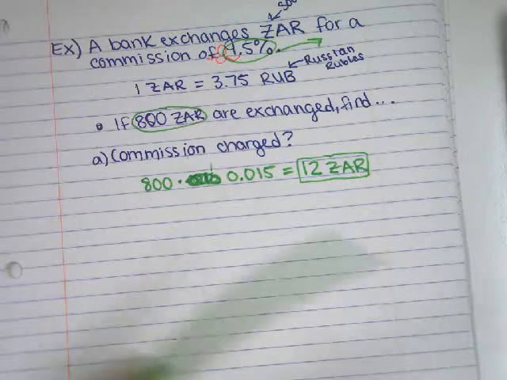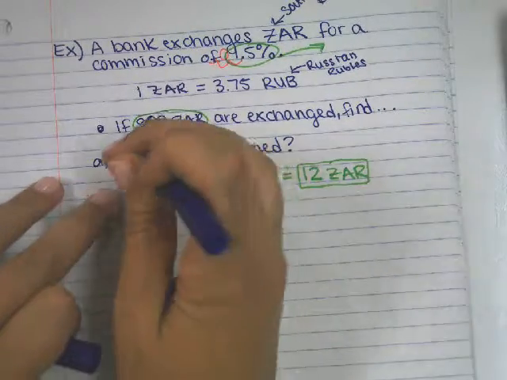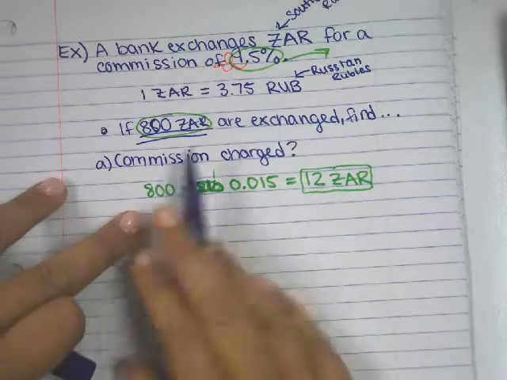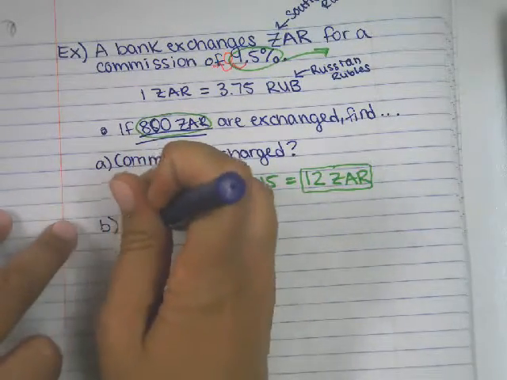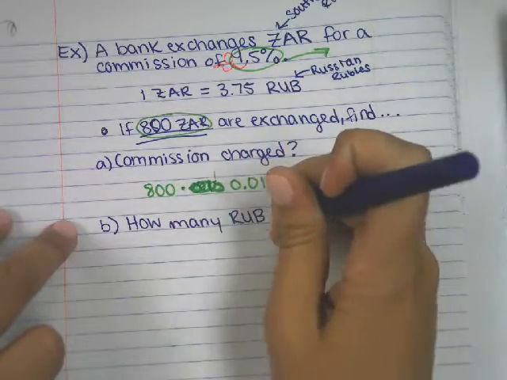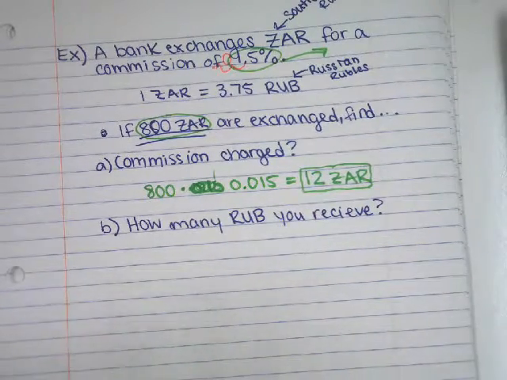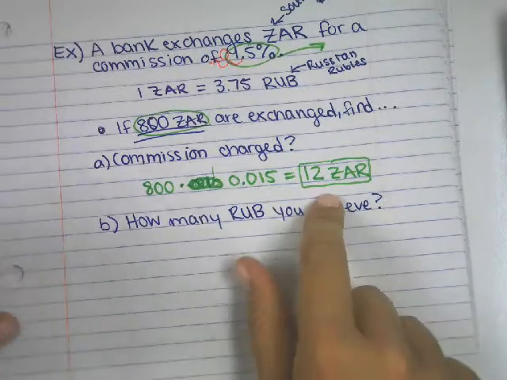So how much do they actually give us? So they take this away from us. We bring them 800 ZAR. They say, I'm going to take 12, and I'll turn the rest into Russian rubles for you. So B, how many RUB do you receive? Well, we don't get to use the 800. They take 12 from us.